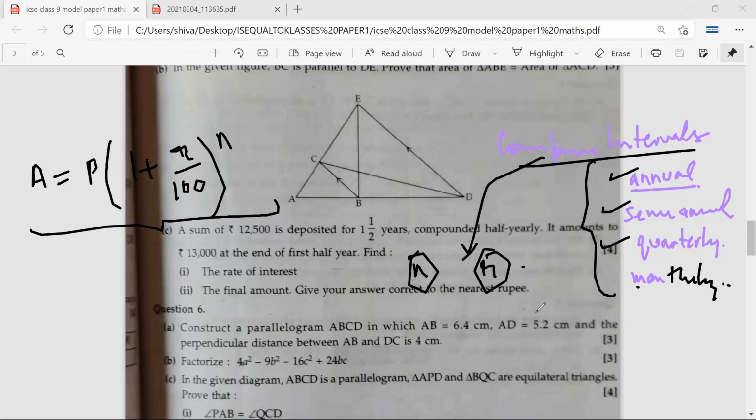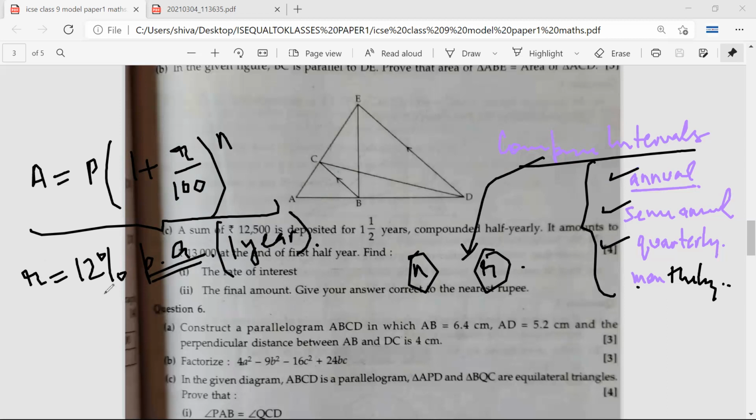Again, we will take another example. Let me assume that my rate of interest is 12% per annum. Per annum implies that it is for 1 year.